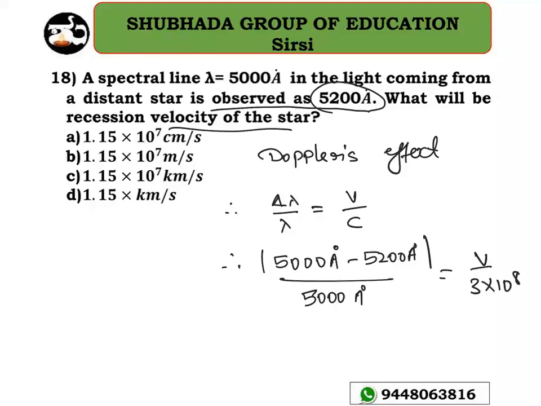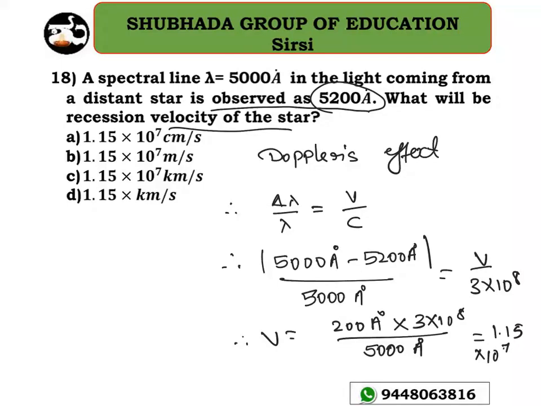So V equals 200 angstrom into 3 into 10 to the power of 8 divided by 5000 angstrom. That will give the answer as 1.15 into 10 to the power of 7 meter per second. Option B is the right answer for this question.